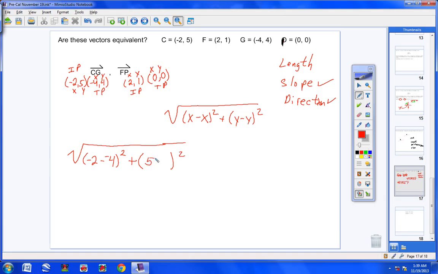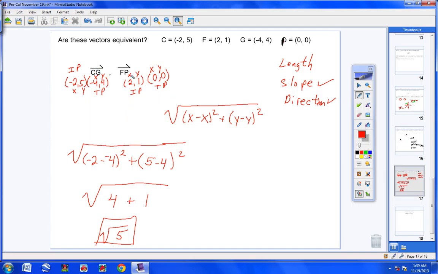Now, it shouldn't be too hard. Negative 2 minus negative 4 is 2, and 2 squared is 4. 5 minus 4 is 1, and 1 squared is 1. So 4 plus 1, so the square root of 5. So there's the length of this vector, vector CG.